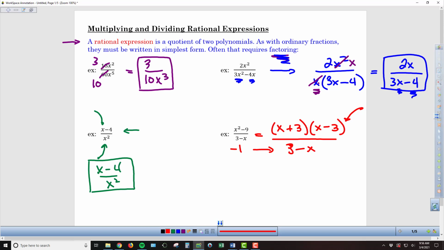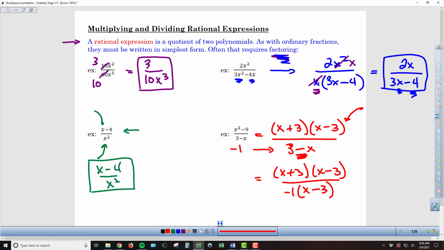And so the way that we can do that is if we still have the x plus 3 and the x minus 3 on the top, I can factor out a -1, and that will have the result of flipping the order of the subtraction in this expression in the denominator. So now instead of 3 minus x, it'll turn around and be x minus 3.